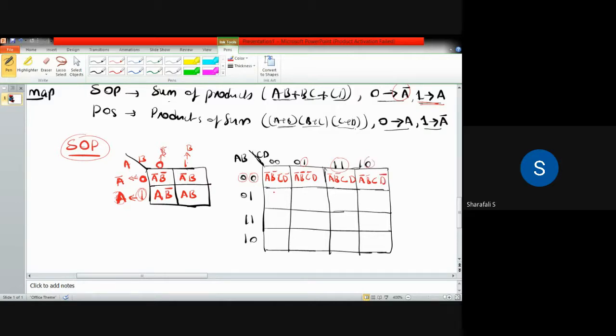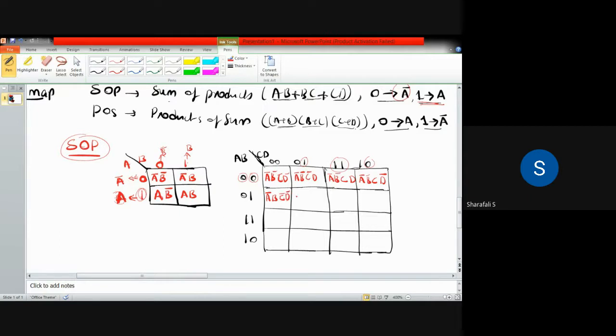Same way you can write all the other values. So here we will have A bar B, because A is 0, so A will become barred and B is as such. And then we have C bar D bar.